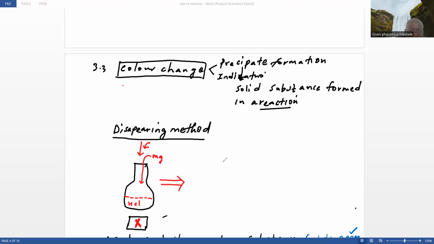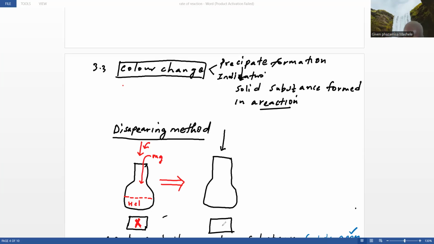Obviously, as time increases, or as the reaction proceeds, we want to know how fast or how slow this color is starting to disappear. When we look from this side, is it visible? Are we still able to see the color?